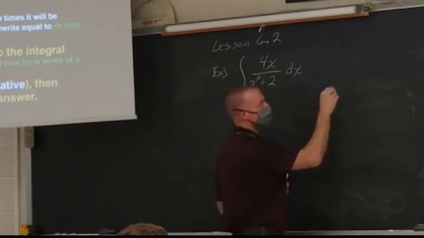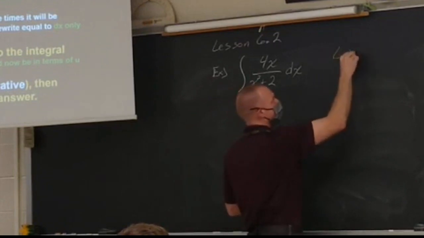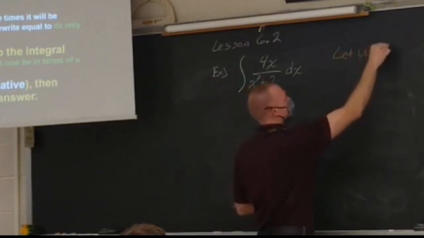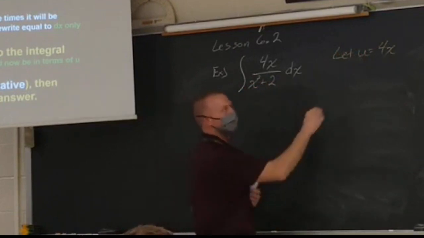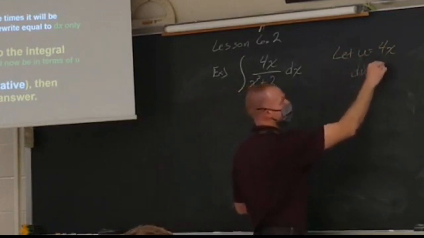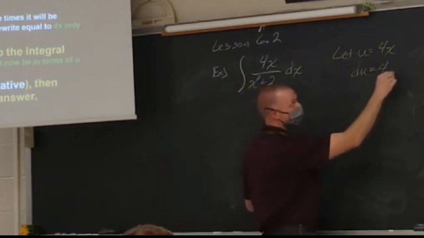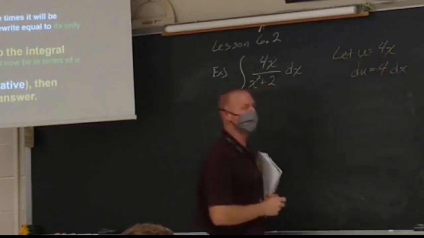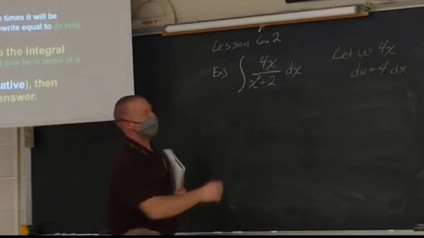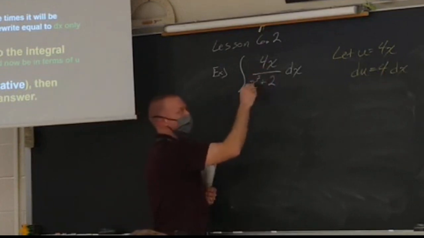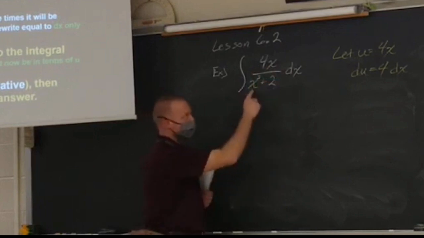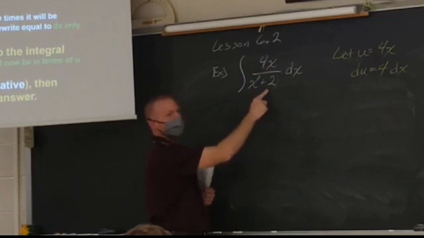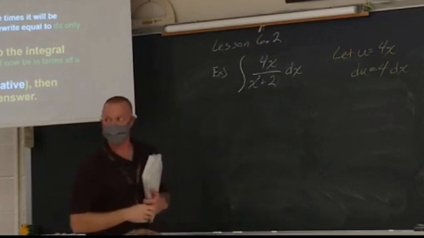Just watch. Because if I let u equal 4x, then the derivative of u is just 4 dx, but it's just 4. Now, this is going to become u, but that means that this is what we call the rest of the problem. That x squared plus 2, whether you realize it or not, needs to cancel down the road.